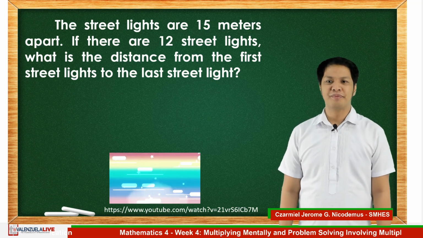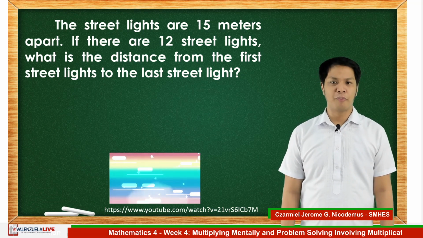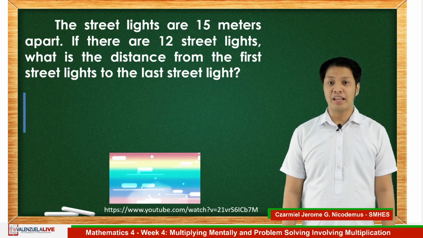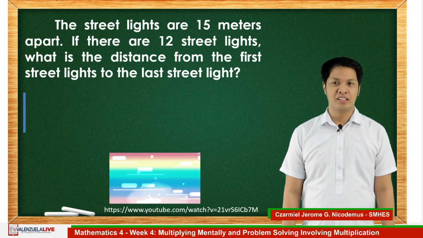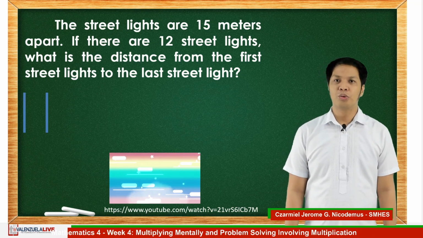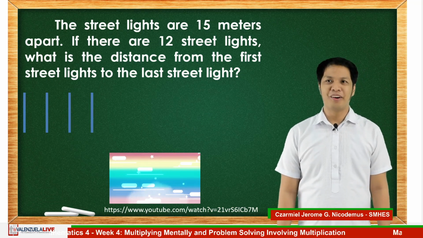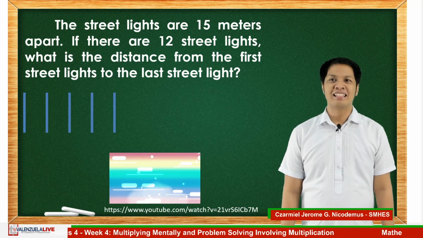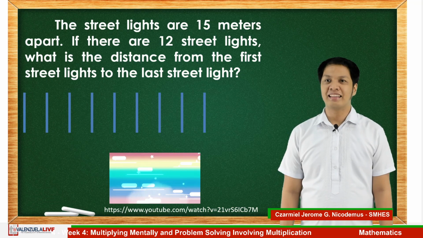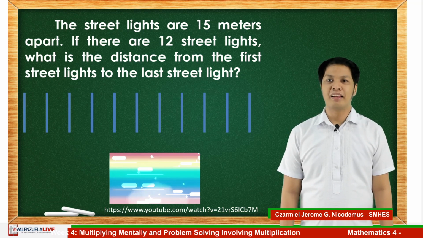Time's up. To solve this problem, we need to draw 12 sticks to represent 12 streetlights. So let us draw 12 sticks. 1, 2, 3, 4, 5, 6, 7, 8, 9, 10, 11, 12.